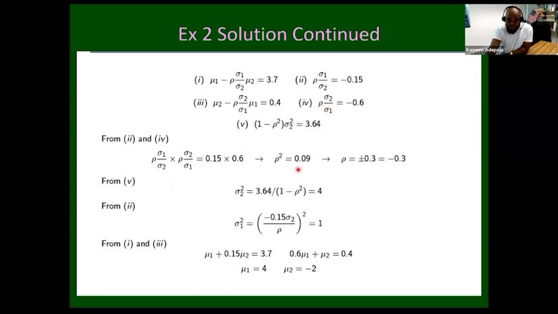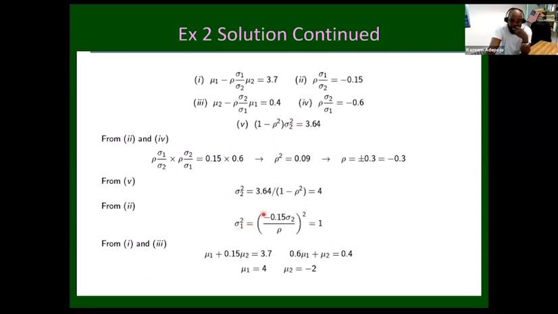That's why you have rho squared. So rho squared is equal to that, and I got my rho to be equal to that. If I have my rho, I can go back to equation 5 to figure out sigma 2 squared by plugging in whatever I got for rho. That will lead you to getting sigma 1 and sigma 2 squared. I believe you can actually see that now.